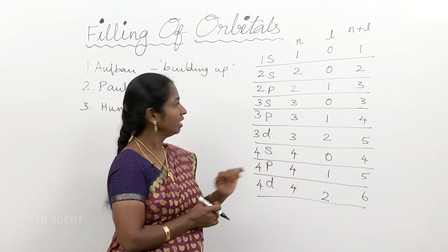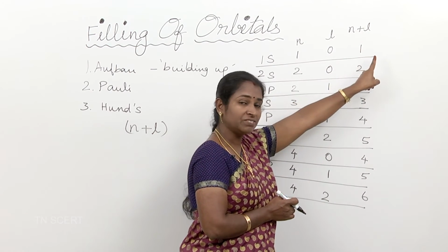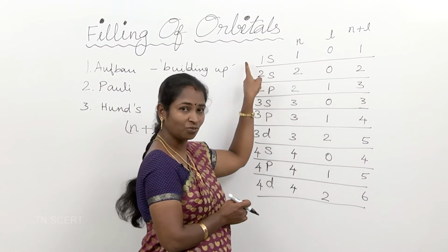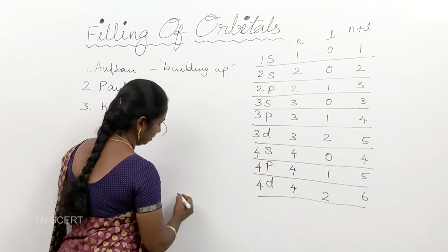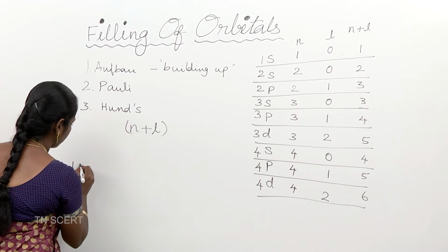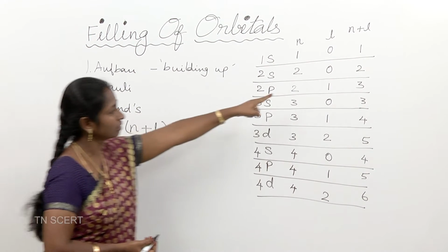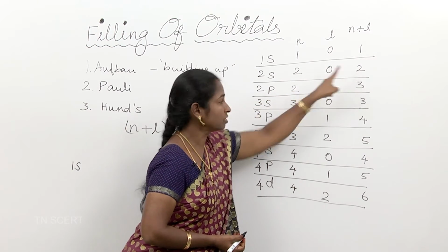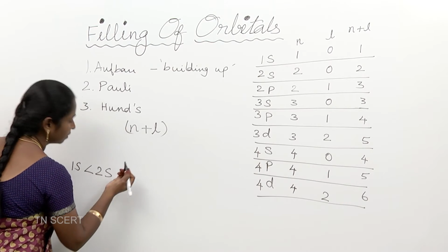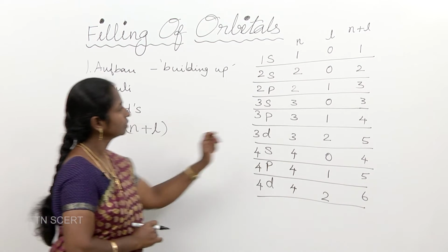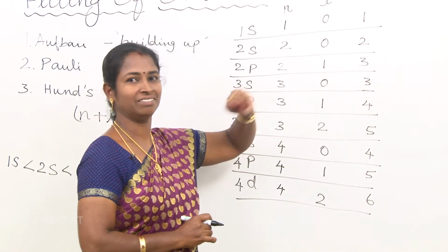So, now tell me, among these orbitals, in which orbital is the n plus l value very less? Yes, it is for 1s orbital. So, write the energy order. 1s orbital possesses lower energy than which orbital? Yes, this 2 corresponds to 2s orbital. Then next, you can find 2 orbitals with the same n plus l value.